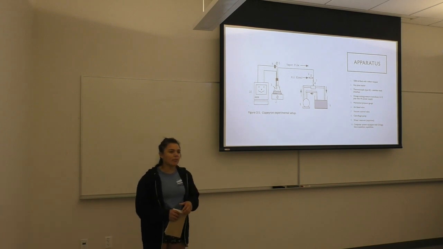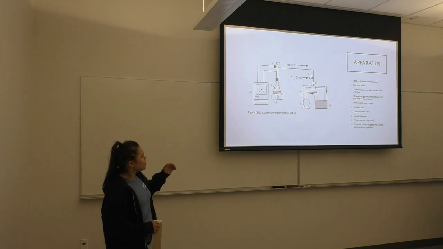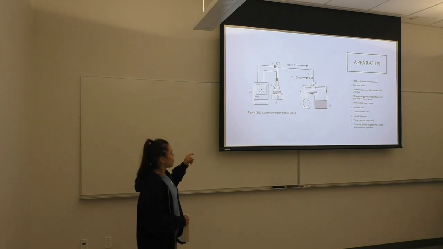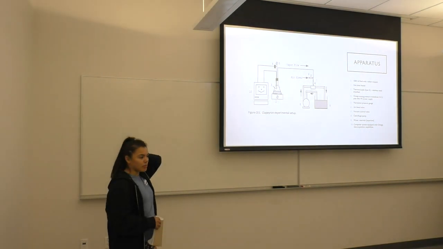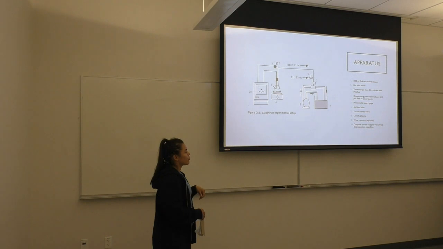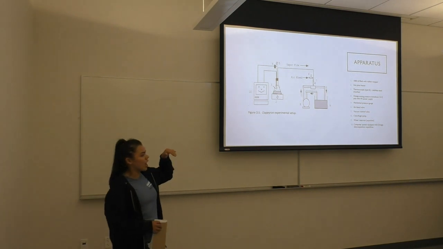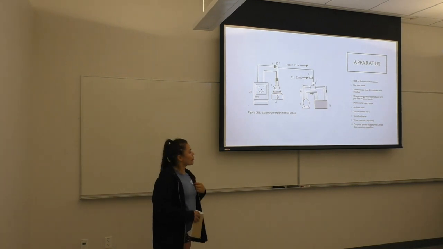Alright, so we have the apparatus for the experiment. We have this from the lab manual, and you can see on the apparatus it's numbered. So on 1, we have the 1,000 milliliter flask with a rubber stopper, and that's going to be on a hot plate. Then we have a thermocouple. It's a stainless steel type K thermocouple.